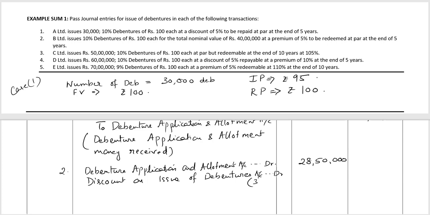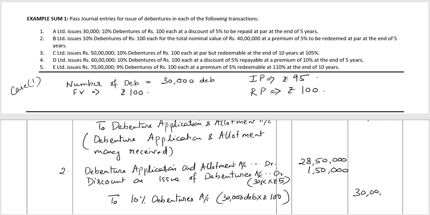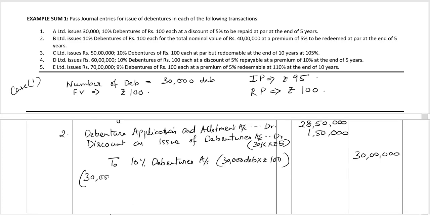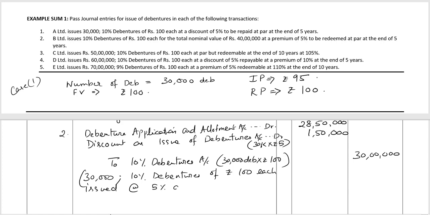The amount is 30,000 debentures multiplied by rupees 5 discount per debenture, comes up to 1,50,000 rupees, to 10% debentures account. 30,000 debentures multiplied by the face value of rupees 100 per debenture comes up to 30 lakh rupees. 30,000 10% debentures of rupees 100 each issued at 5% discount and redeemable at par.